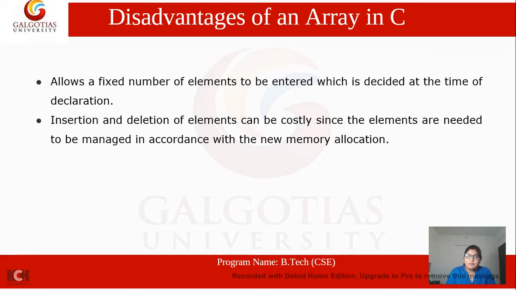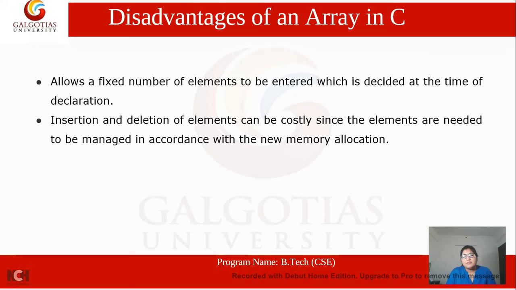So if you have already declared the array, the data type as well as the size cannot be altered. So it allows only fixed numbers. Whatever be the size, at most that many elements can be entered in the array, and more elements cannot be entered, or we cannot alter the size.